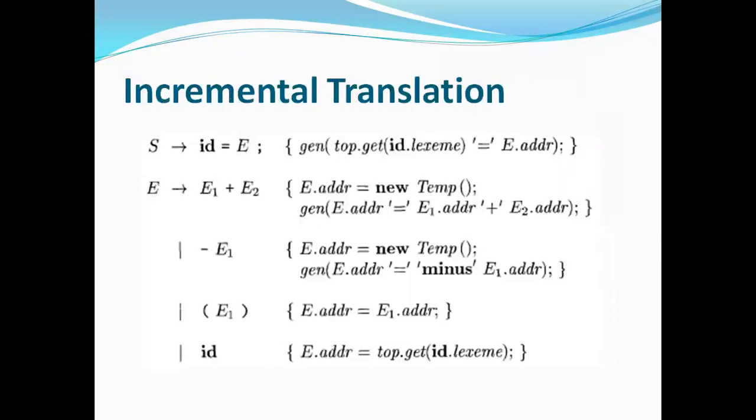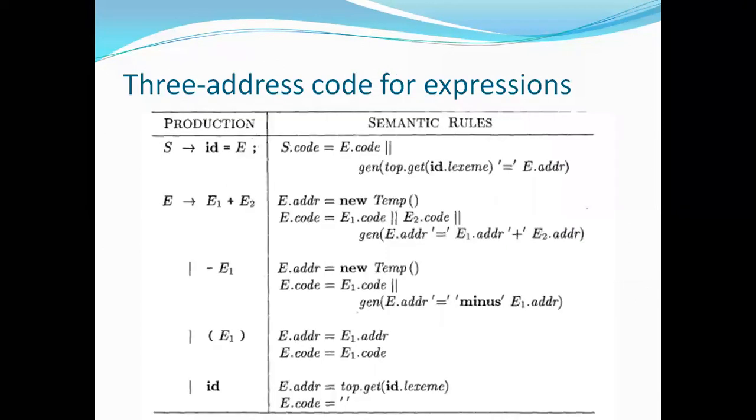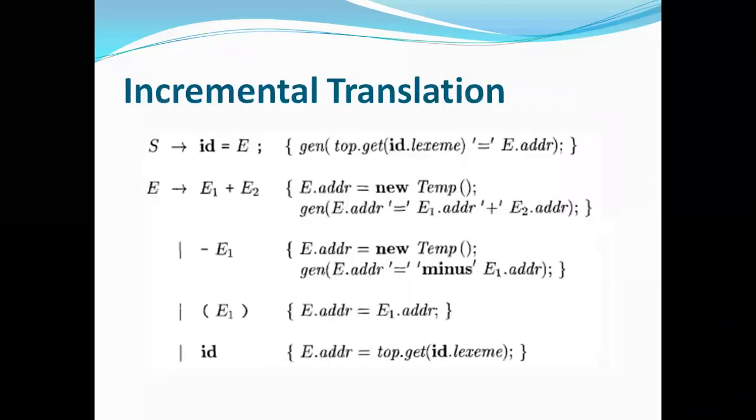And then there is incremental translation, and it is a simple difference between the three address code for expressions and incremental translation. Here we are only considering a single attribute.